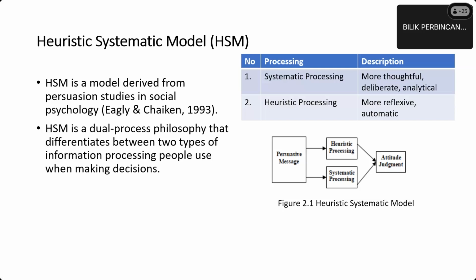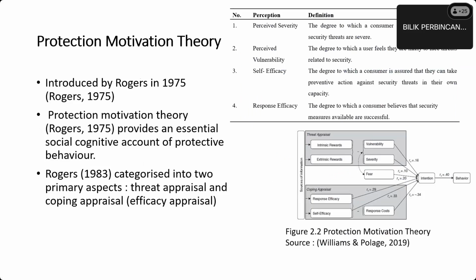And then we have the third one, which is protection motivation theory. We have these four elements. Perceived severity means the degree to which a consumer feels that the effects of security threats are severe. The second is perceived vulnerability, the degree to which a user feels they are likely to face security-related threats.